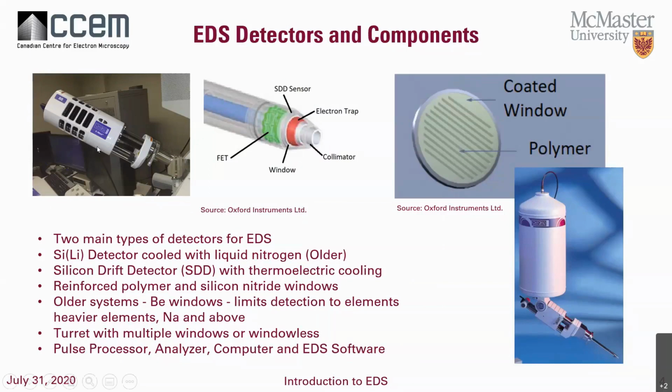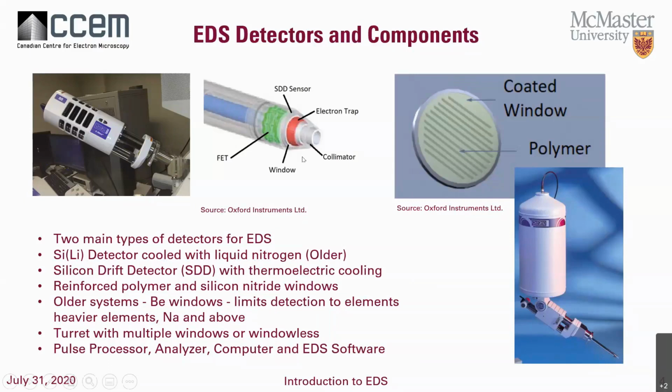Up here you can see the second type of detector, which is a silicon drift detector. It has a Peltier cooling unit, so it's thermoelectrically cooled. Next you can see a picture showing the composition of the tip down at the bottom, where you have the different components of the EDS detector.